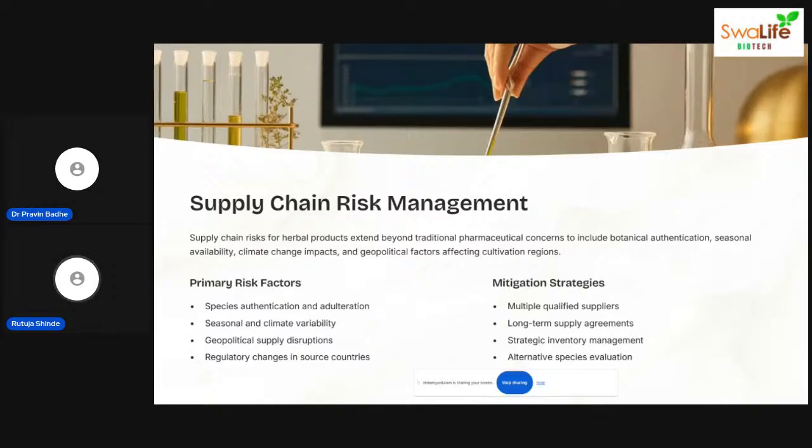So, mitigation strategies include qualifying multiple suppliers, securing long-term contracts, managing inventories strategically, and where possible, evaluating alternative species. So supply chain resilience is key to reliable product availability.